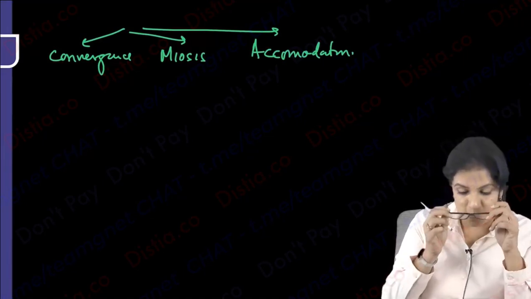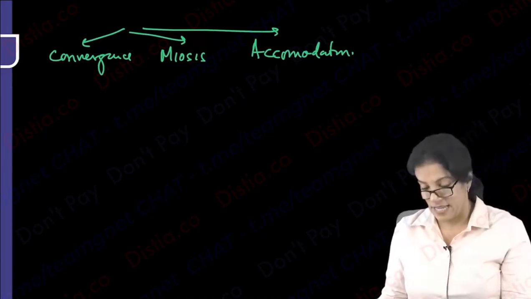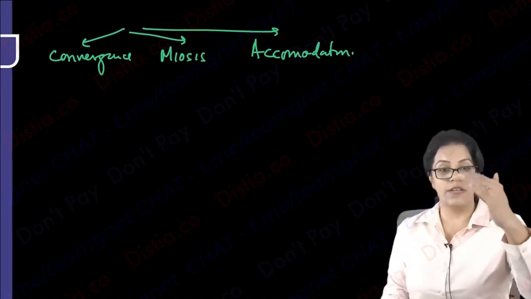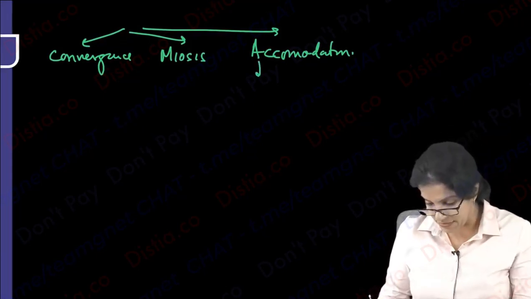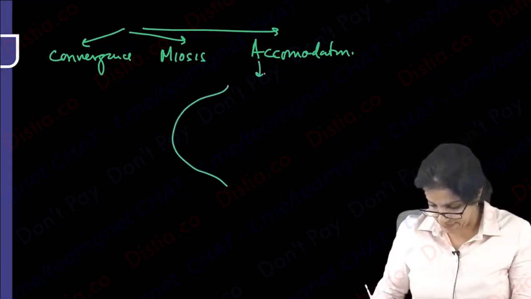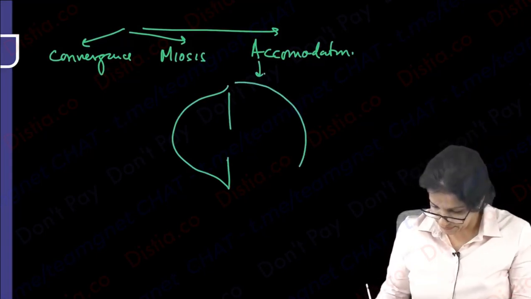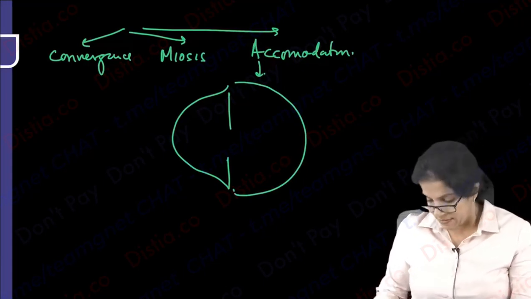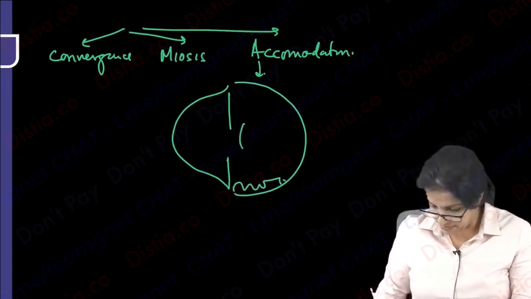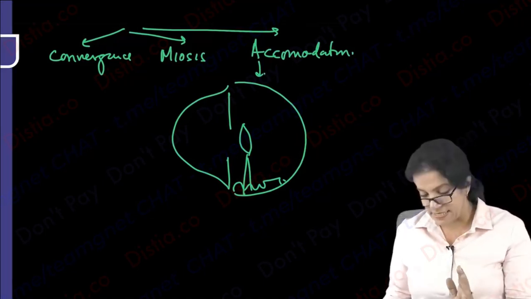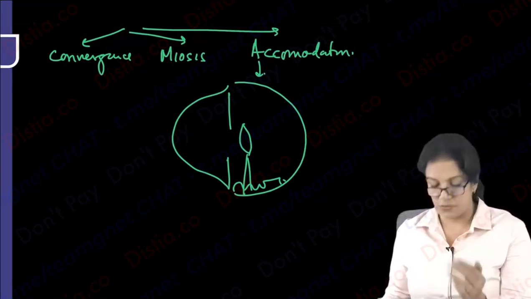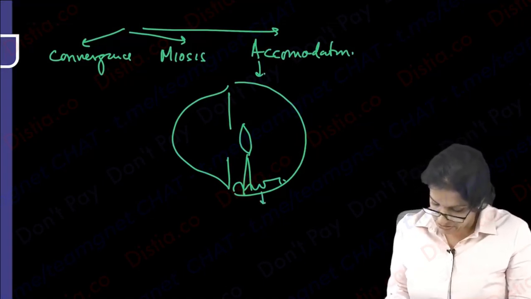So, what are the steps of accommodation? When you're looking from far to near, your power has to increase. How does this happen? Let's make a diagram. This is the ciliary body, the ciliary muscles, the lens and the suspensory ligament. The first step when I am looking from far to near is contraction of ciliary muscles.